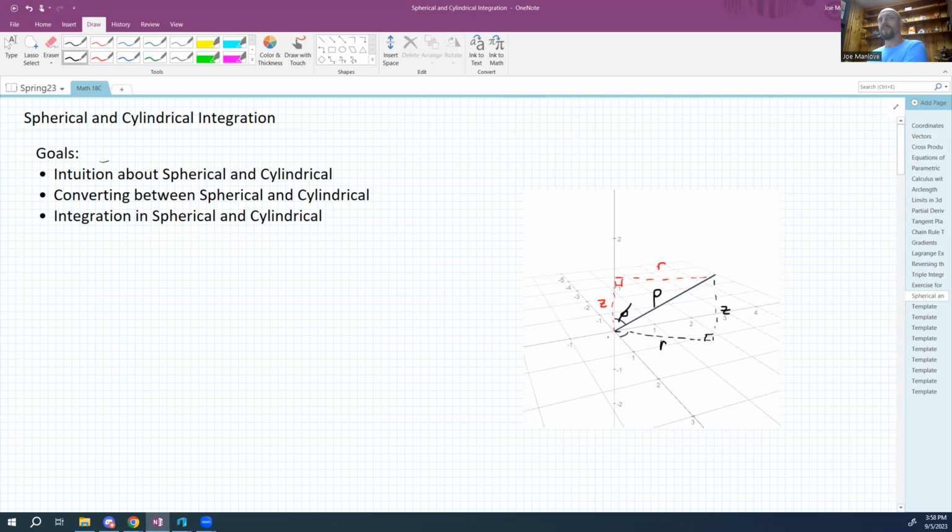That's my angle phi there. So I could say something like, oh, r is rho sine phi. And I could write down something like z is rho cosine phi.